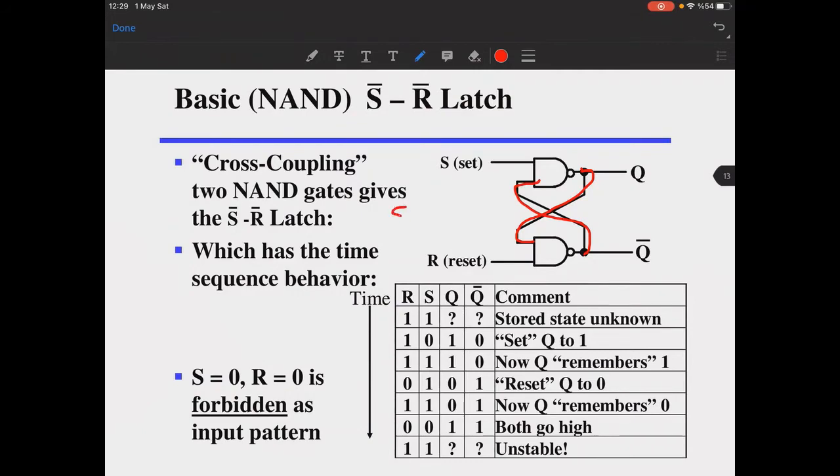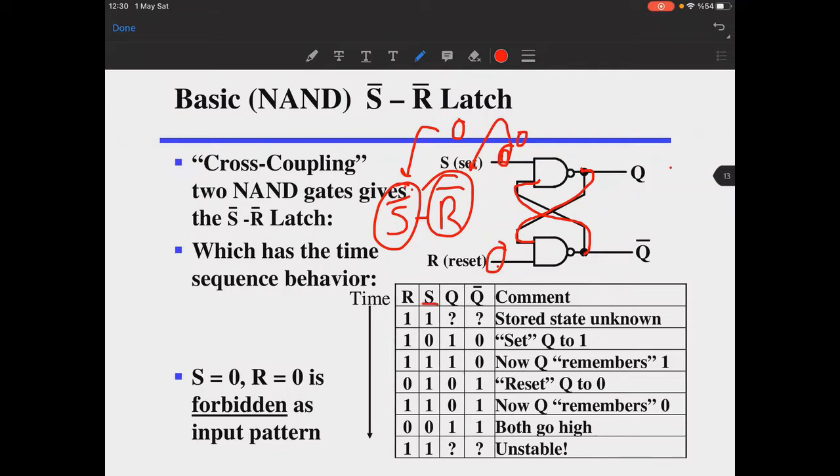This gives you the reset not latch. It is activated with 0 signal, active low. It means that when you need to set, you need to provide here 0 signal. When you need to reset here, you need to provide here 0 signal.